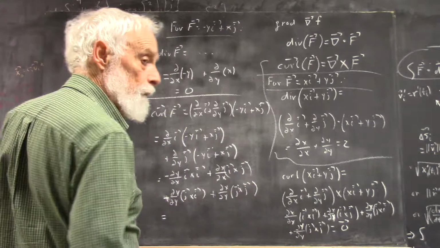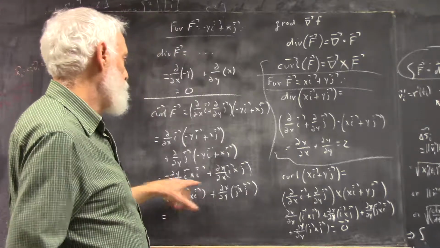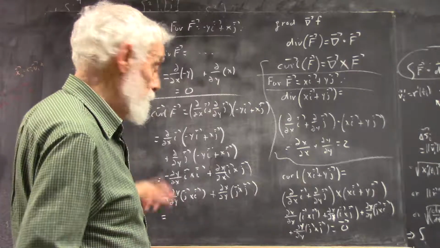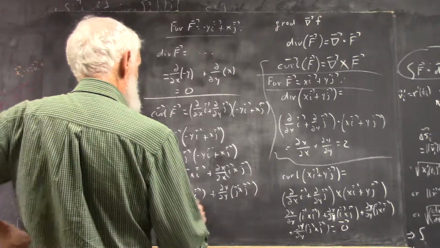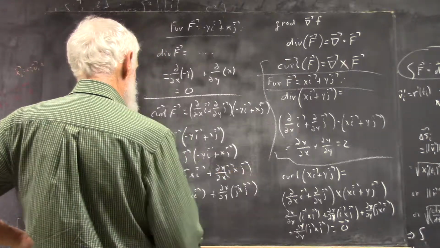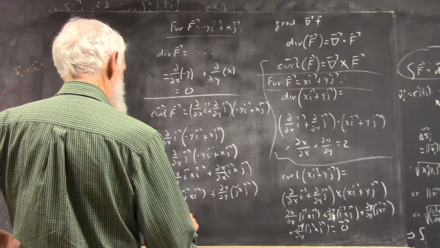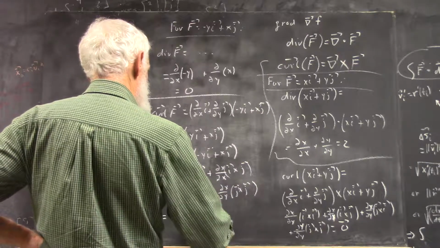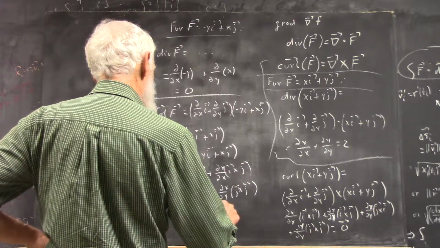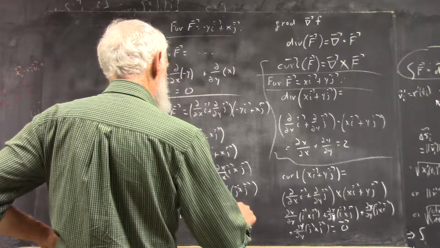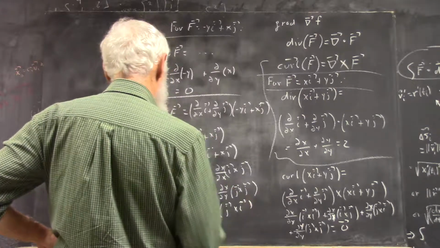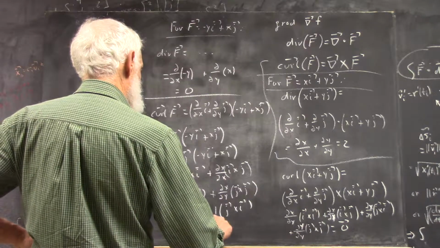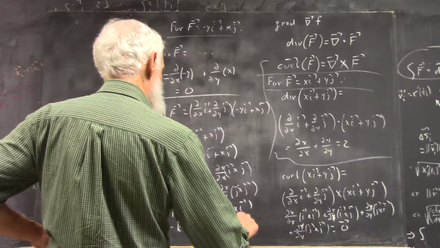Okay? Now, i cross i is 0 anyway, j cross j is 0 anyway, and so are the partials in this case. We end up with just 1 times i cross j minus 1 times j cross i, which equals k minus negative k, which is 2k.